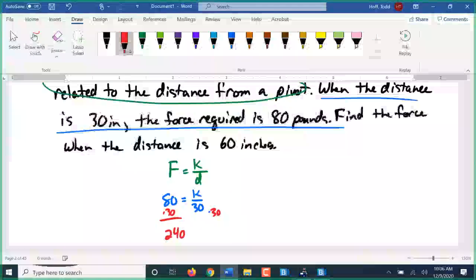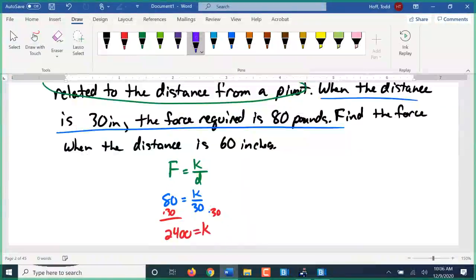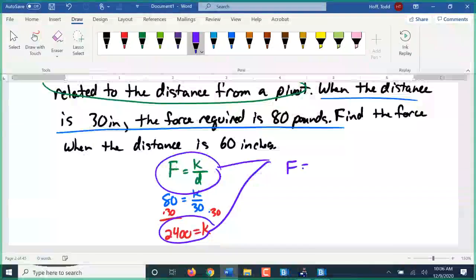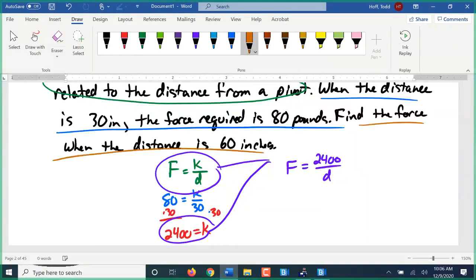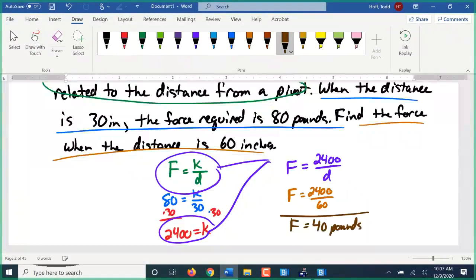So 2400 equals K. So we can put that back into this relationship to get the force equals 2400 divided by the distance. Asked what is the force when the distance is 60. So we put 60 in for D. And that gives us the force is now 40 pounds when the distance is 60 inches.